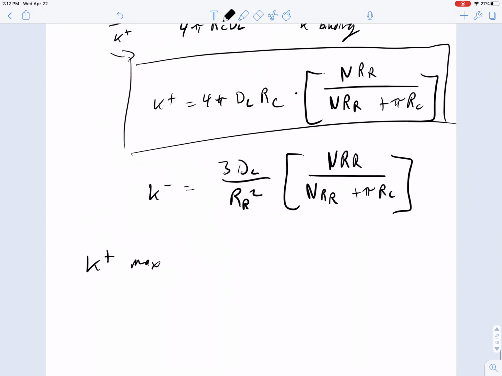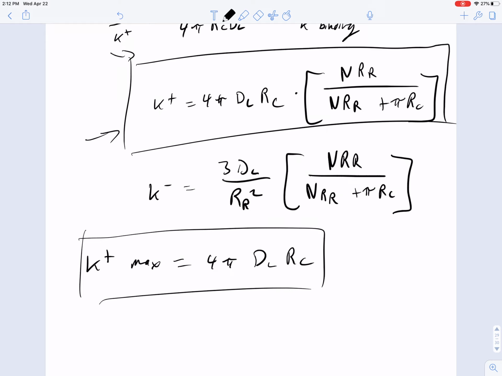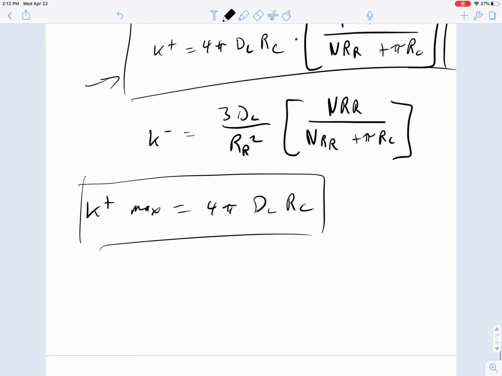What happens when N tends to infinity of this? You end up with infinity over infinity, which is equal to 4 pi D_L R_C. So this becomes the gold standard, the equivalent of the Carnot engine. So we can calculate things as k plus divided by k plus max.